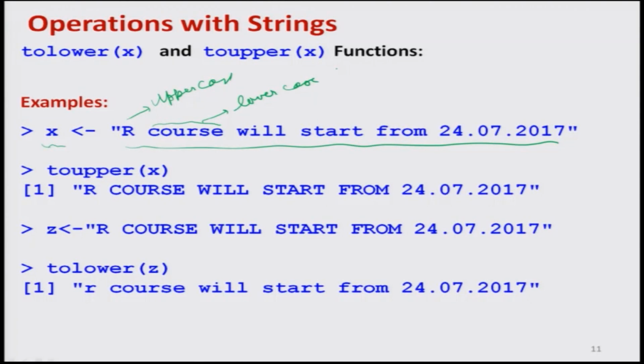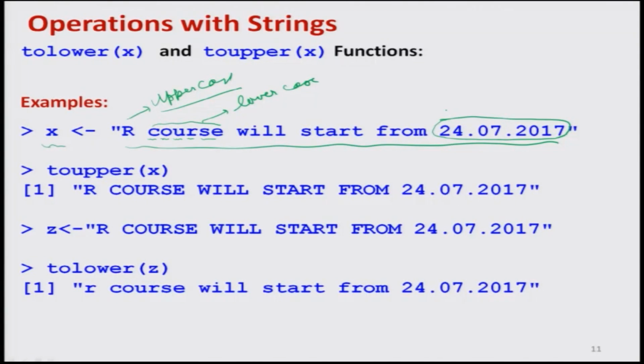Now, I want to convert all the letters into uppercase, that means small c becomes capital C, small o becomes capital O, small u becomes capital U, small r becomes capital R and so on. And also you see here, there are some non-alphabetic characters, which are numbers.